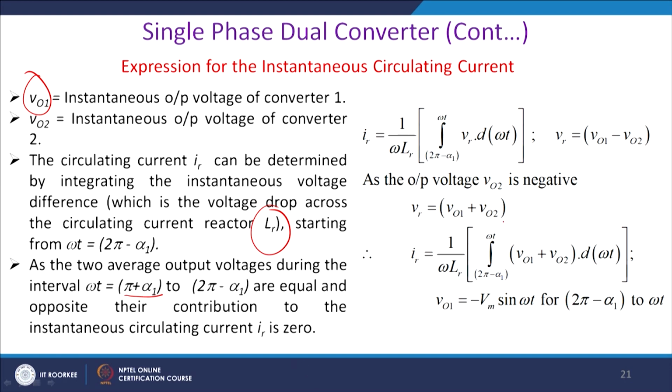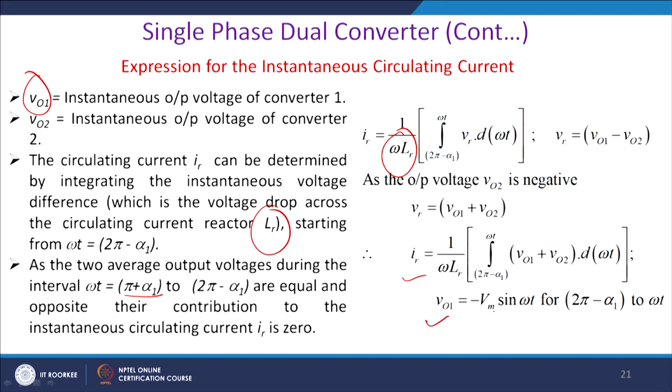So, we can put these limits. So, IR equals the integral from 2 pi minus alpha to omega t, where VR is this. So, we can find out what should be the value of this circulating current.